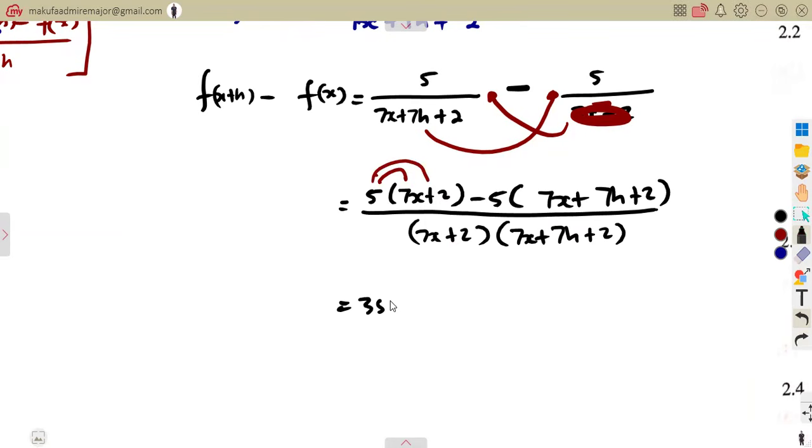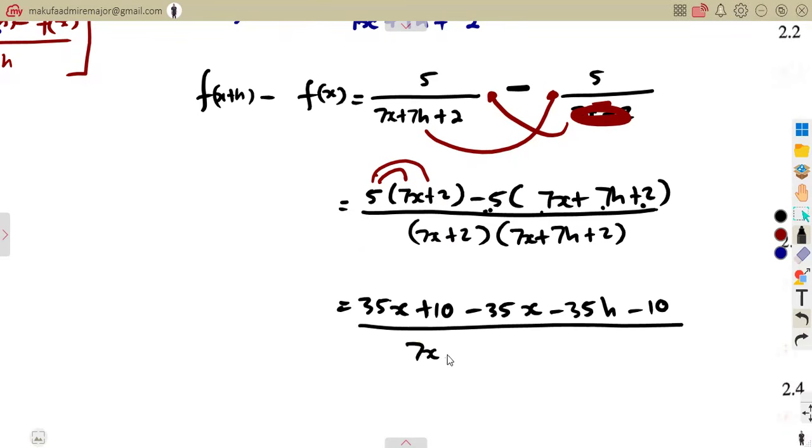That was going to be 35x, 5 and 2, which is 10. Again, minus 5 and 7, minus 35x, minus 5 and 7 here, minus 35h. Minus 5 and 2, that's a minus 10. Everything was going to be over 7x plus 2 into 7x plus 7h plus 2.